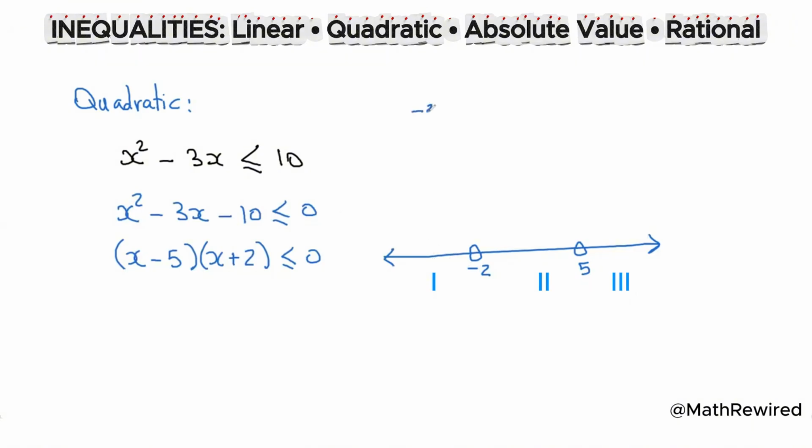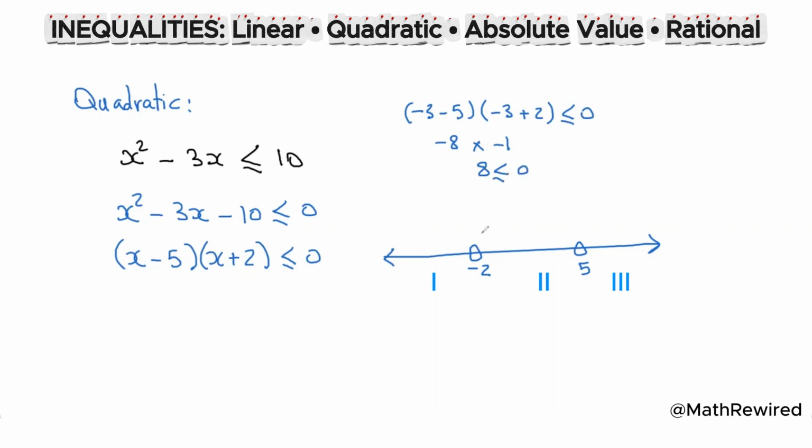If I put negative 3 into this, negative 3 minus 5 and negative 3 plus 2, that gives me negative 8 and negative 1. Negative 8 times negative 1 is positive 8. Is that less than or equal to 0? Definitely not. So that's false. We don't shade in there.